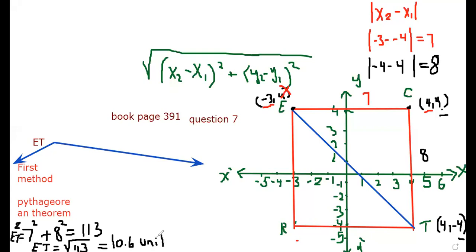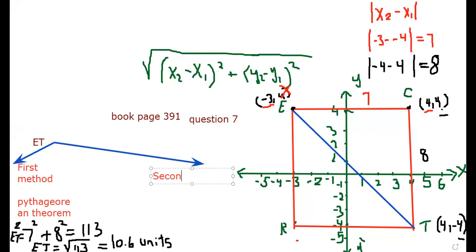Okay, this is the first way. What about the second way? I will not count, I will not use the Pythagorean theorem. So what is the second way? Yes, Judy, tell me the second way.